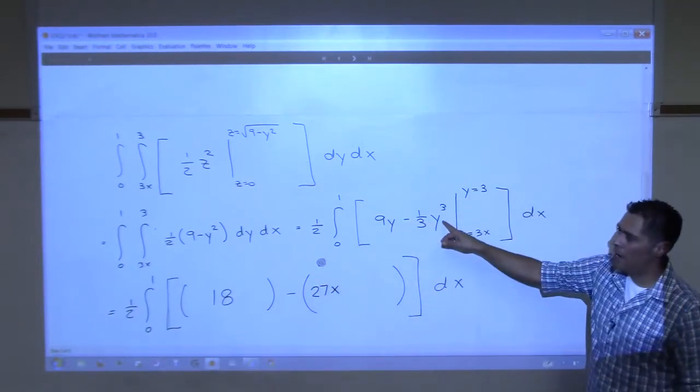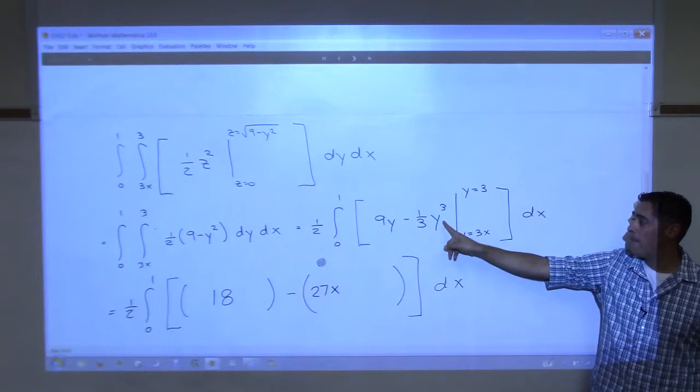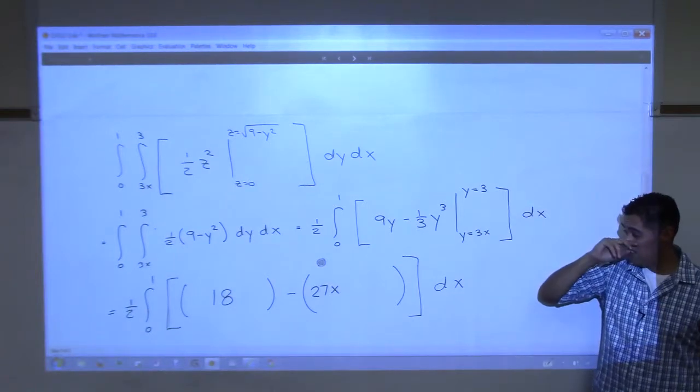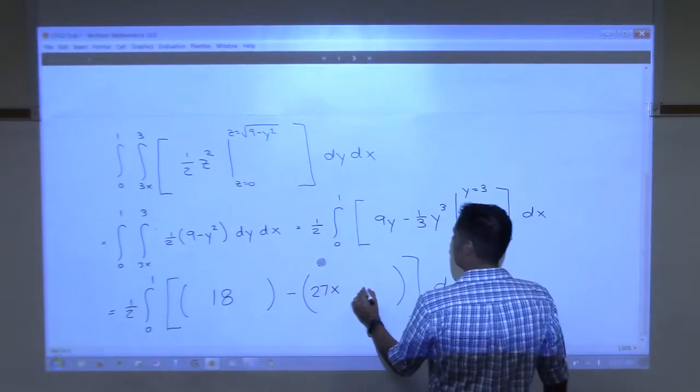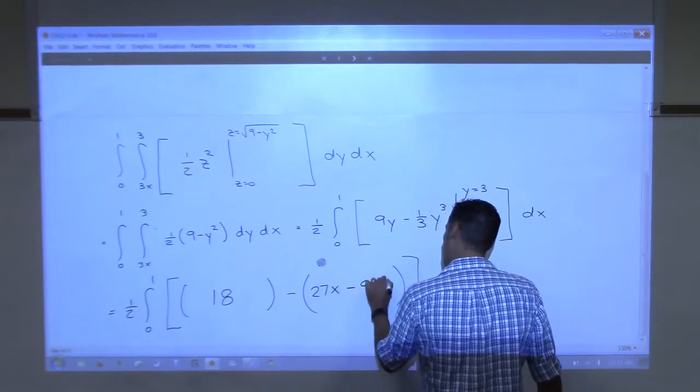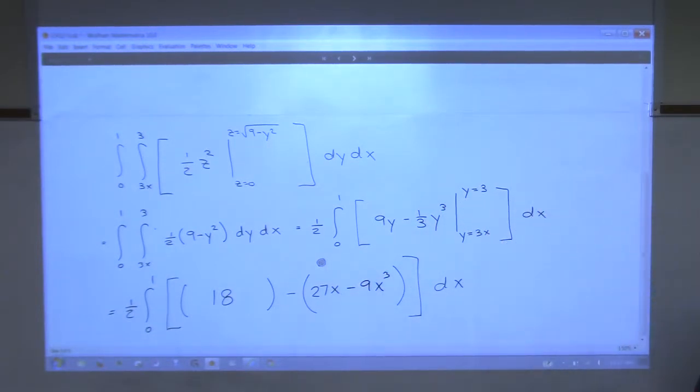And then plug in 3x here, you're going to get minus 9x cubed. Yeah, 9? Yes. 9x cubed. You can factor out the 9. Yeah, you could pull a 9 out at this point.